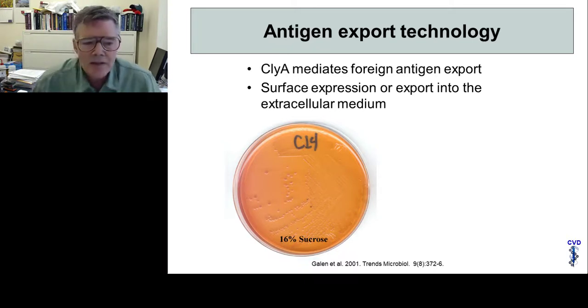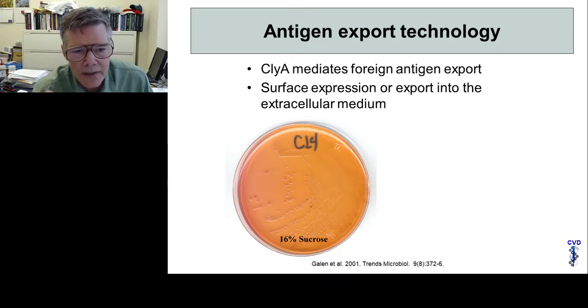On the left, you've got bacteria plated on a 16% sucrose plate where they express ClyA, but it's not fused to SacB. So the bacteria grow fine. Now, if ClyA was not able to efficiently move SacB out to the surface, when I plate cells containing ClyA-SacB, you should get nothing growing on the plate. But that's not what happened.